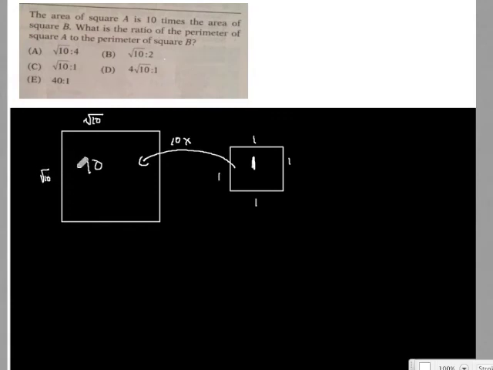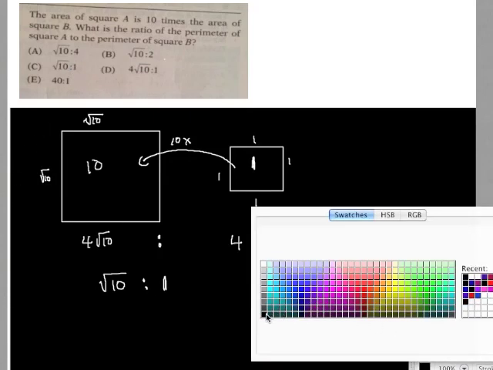And the question is the ratio of the perimeters. So the perimeter of the larger square is 4 root 10. The perimeter here is actually 4, so the ratio is 4 root 10 to 4. And if you simplify this, it is root 10 to 1. And the answer is C, not D as was shown before.